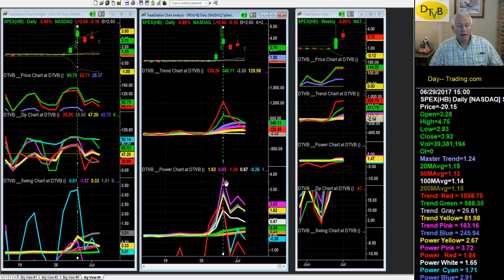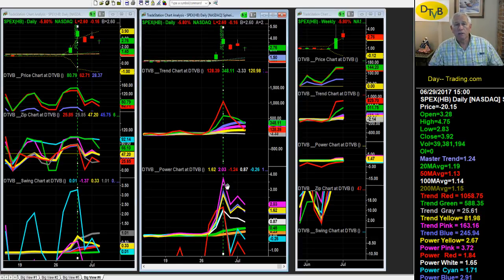We also have a power pink, which is our deep cycle indicator. There's 2 deep cycle indicators. Swing gray is the primary one. It's the best one for determining true cycles, because it can go up really strong for many days and then take a pullback and then go up again. The swing gray is not going to move.